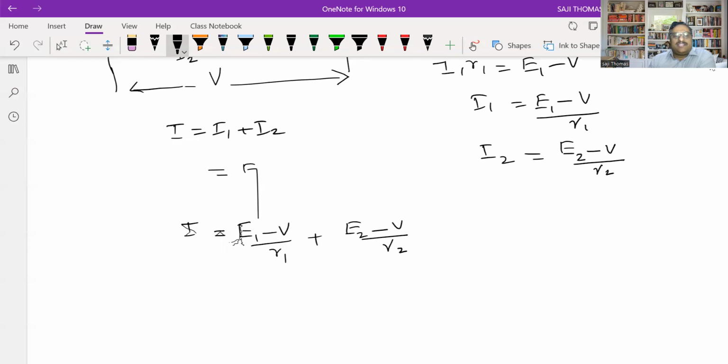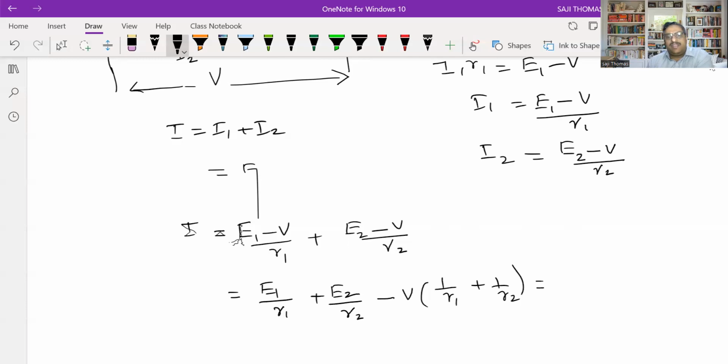So we can rearrange it as E1 divided by R1 plus E2 divided by R2, minus V into (1 by R1 plus 1 by R2). Now you have to take LCM and simplify.